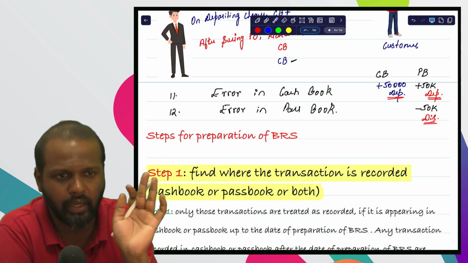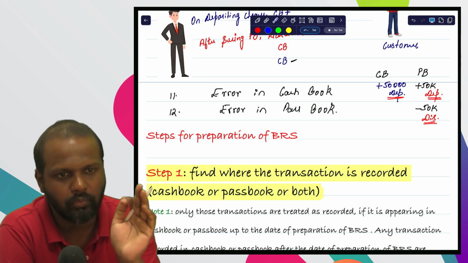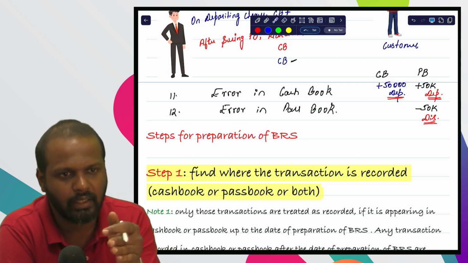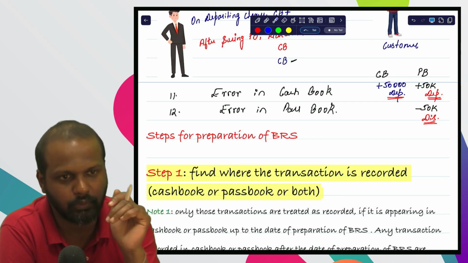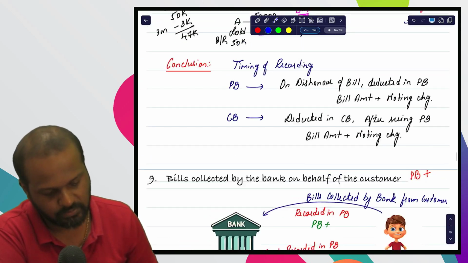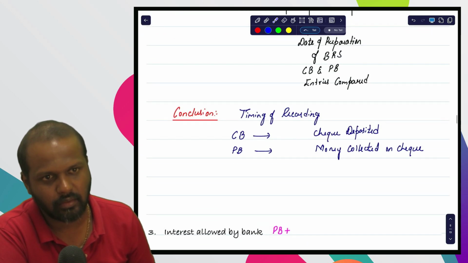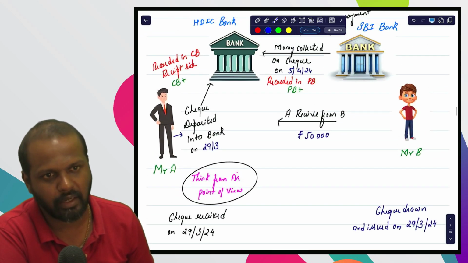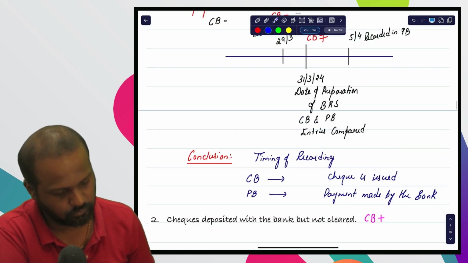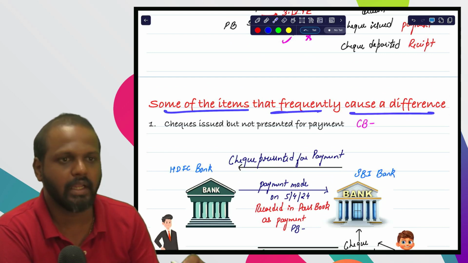If you make an error in either book, or in both books, then it is also possible that your bank balance as per cash book will not tally with the bank balance as per passbook. So totally we have studied 12 points. What are all the reasons for differences in the bank balance? Some of the items that frequently cause a difference.